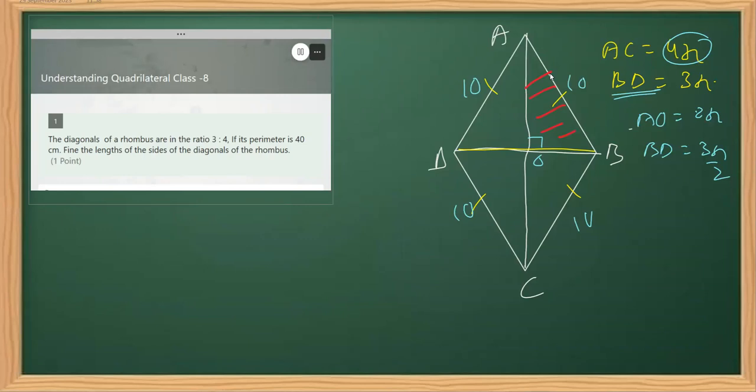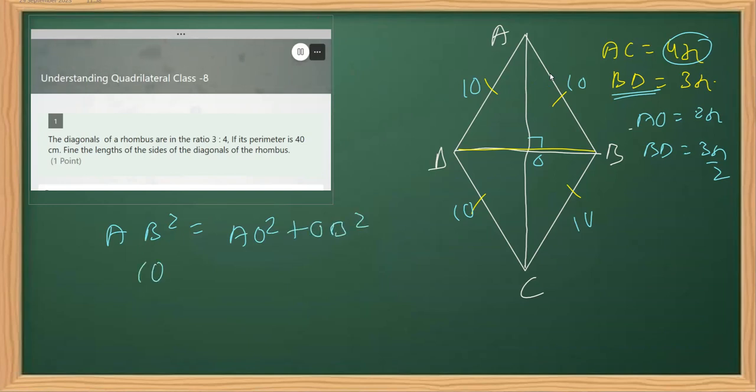As you know, the diagonals of a rhombus bisect each other at 90 degrees. That implies this angle AOB will be 90 degrees. So let's apply the Pythagoras theorem here. The square of the hypotenuse, the side opposite the right angle, that's why I've taken AB as the hypotenuse, is equal to the sum of the squares of the other two sides.